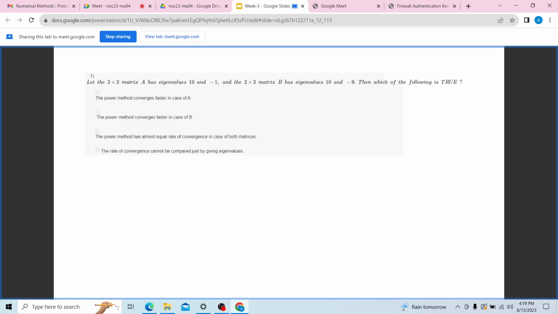So can you find out which of these has the faster rate of convergence by using eigenvalues? Yes, by just using eigenvalues you can find it. How? Just find the ratio of the absolute value of the rest of the eigenvalues upon the dominant eigenvalue and find which one has the faster rate of convergence.